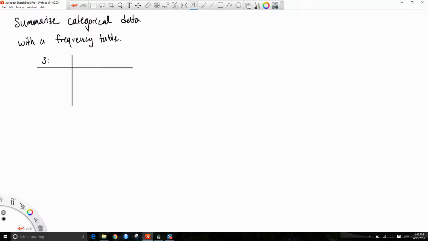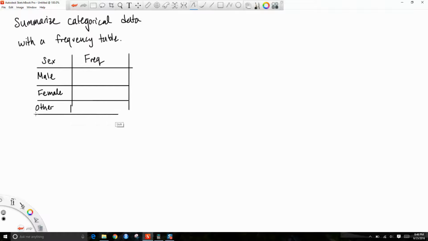So we could have something like sex, and then we'll talk about the frequency with which this particular category appears in our data table. So we'll say we have male, female, and then maybe other or did not state. All right, and so maybe you have 22 and 28 and 1 or something like that.